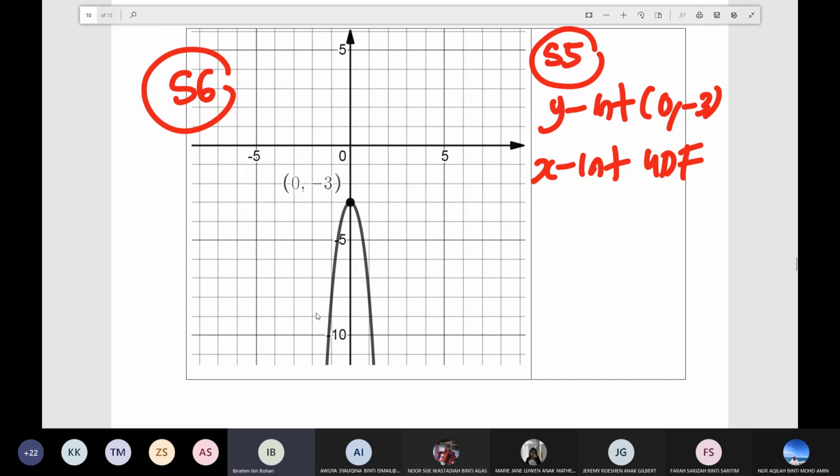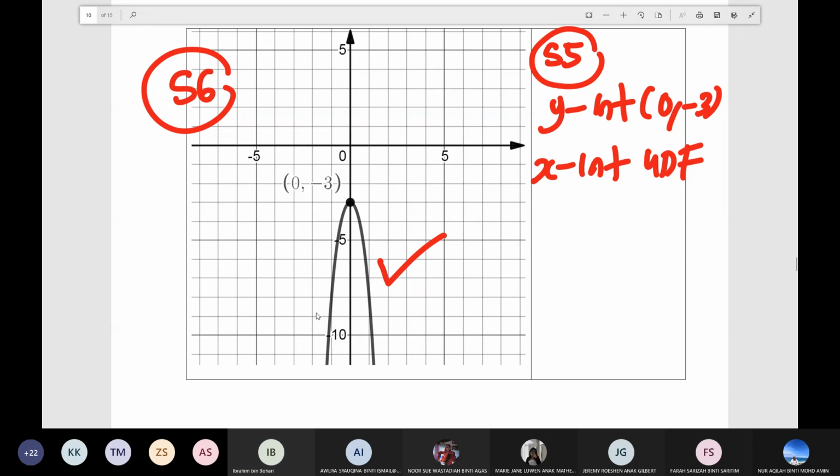And last, you sketch the graph of the quadratic function. Yeah. The maximum value here you label at 0, negative 3. Inflection point does not exist and graph here concave downwards. Okay, settle. Yeah. Quadratic function, the steps are 6 steps. It is the same as cubic. Step 1 to step 6. Better you all do it step by step.